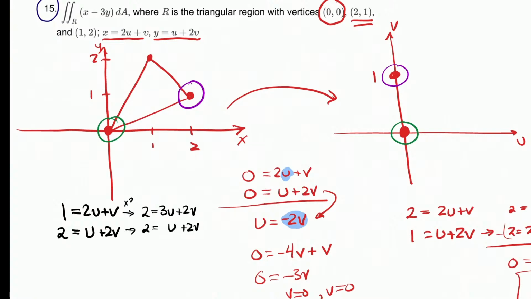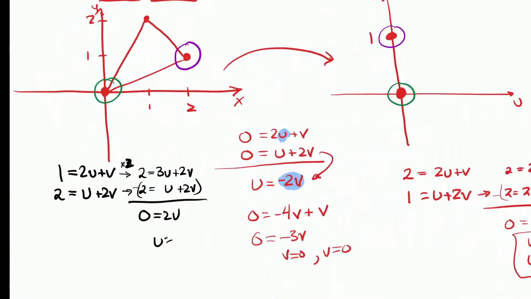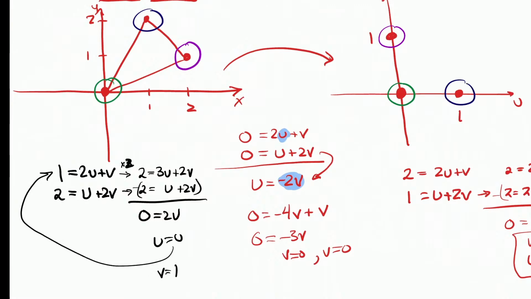So this will be times 2. And this is, you just write it. So you can use substitution if you don't like my elimination method. It's not mine, it's the way most people do algebra. U equals 0. And so now we'll plug this back into one of these, and you find that v equals 1. Okay, so that's this point right here. And that's the third point. Boom, boom, and that's 1 over.